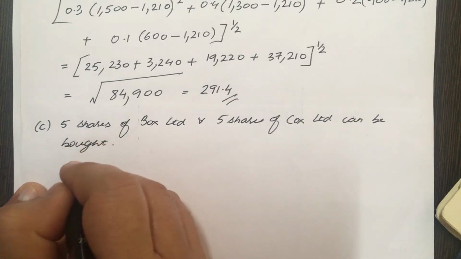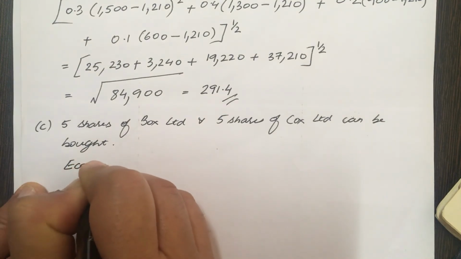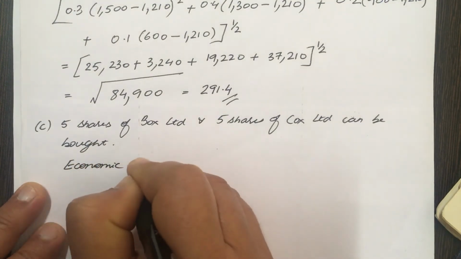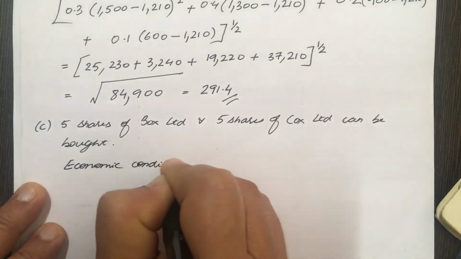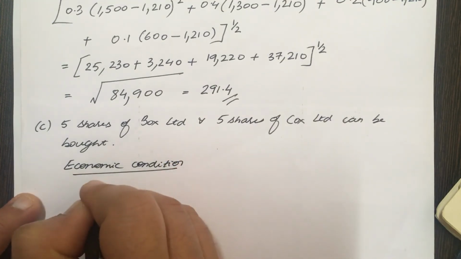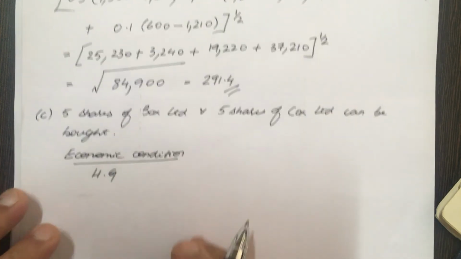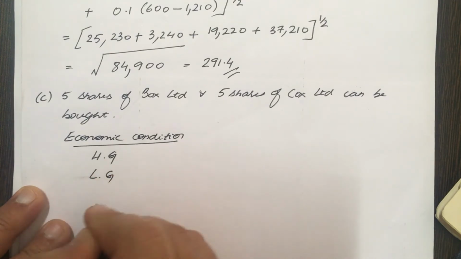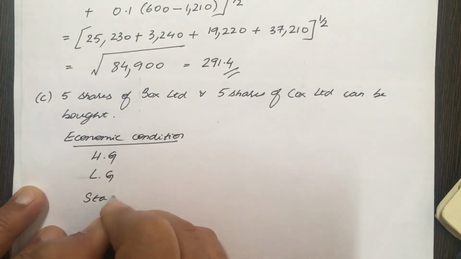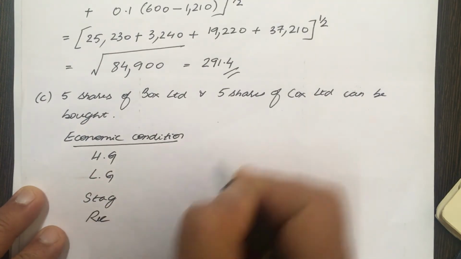Again, show the economic condition. So you have high growth, I'll just write HG, low growth, then stagnation and recession.